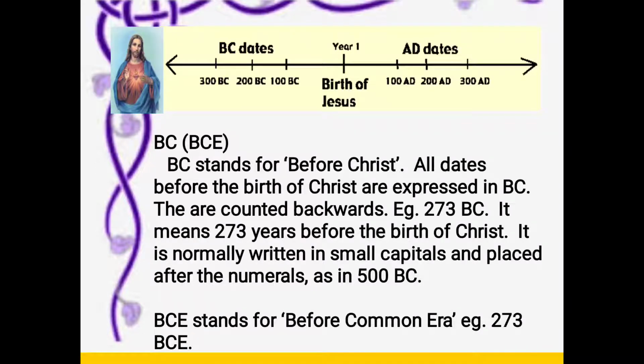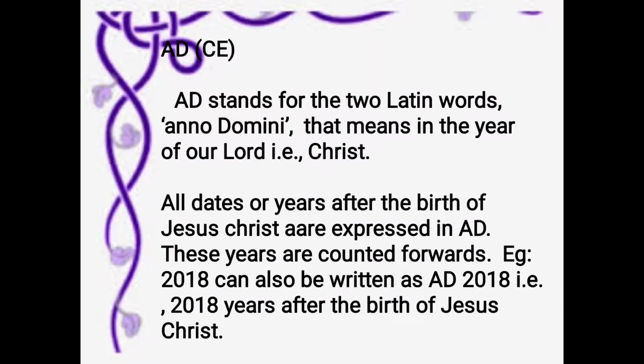Okay. Now moving to BCE. BCE stands for before common era. Example: 273 BCE. AD and CE. AD stands for the two Latin words Anno Domini, that means in the year of our Lord Christ. All dates or years after the birth of Jesus Christ are expressed in AD.